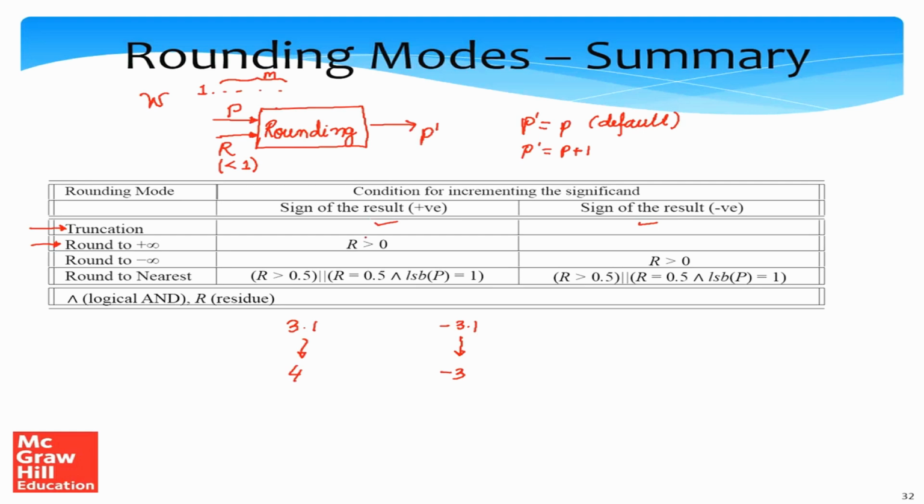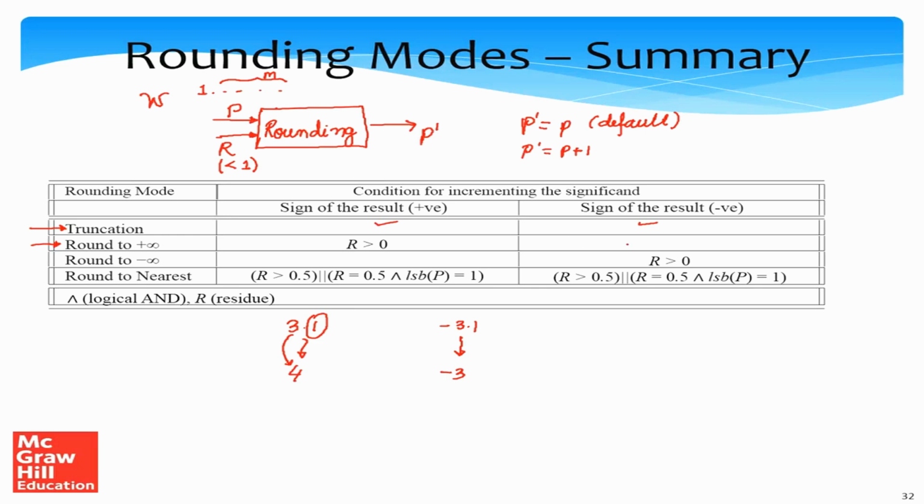So the conditions are as follows: if the sign of the result is positive and we have a non-zero residue, which is exactly this case, then what we need to do is we need to increment the significand. So we need to increment 3 to 4. Otherwise, if the residue is 0 anyway, we don't need rounding, so we can leave it as is.